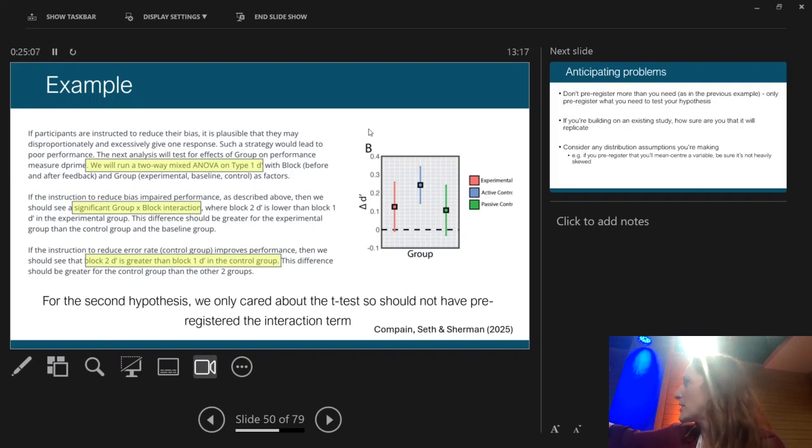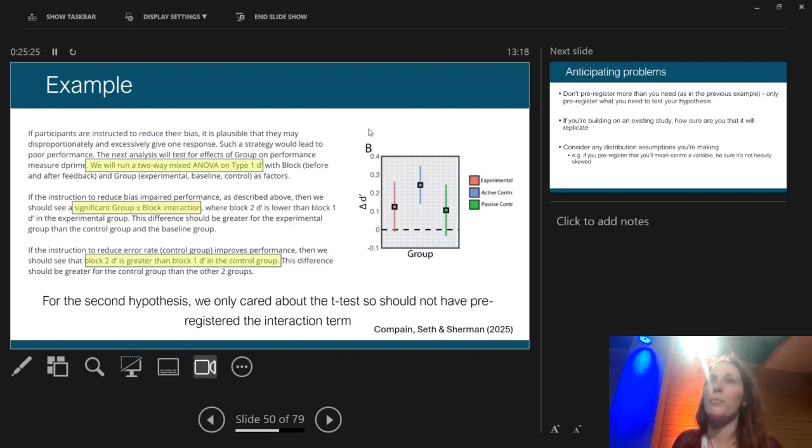In this second clause, which is one that we really cared about, we then said if the manipulation in the other group improves performance, then we should see that performance is higher as a result of this manipulation.